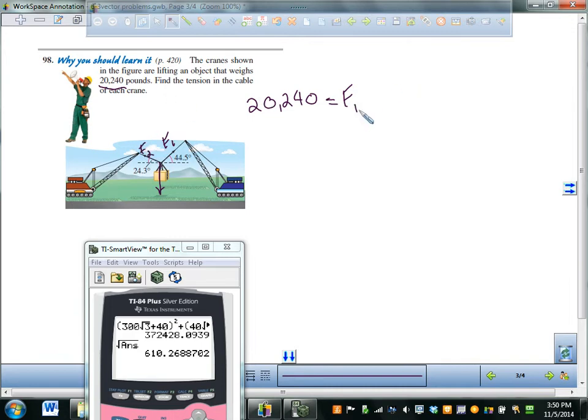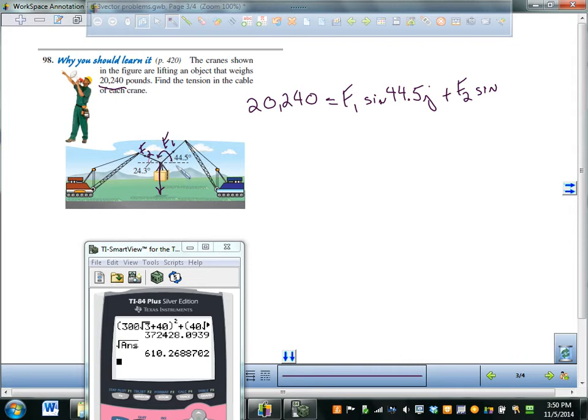So it's equal to force 1 times the sine of 44.5 in the j direction, plus force 2 times the sine of this angle from here to here.